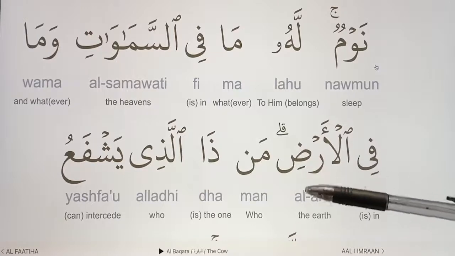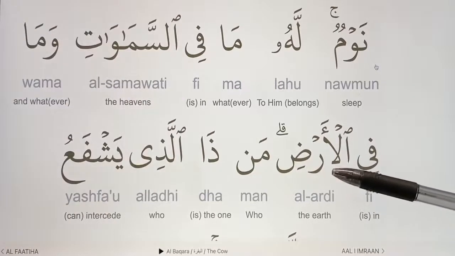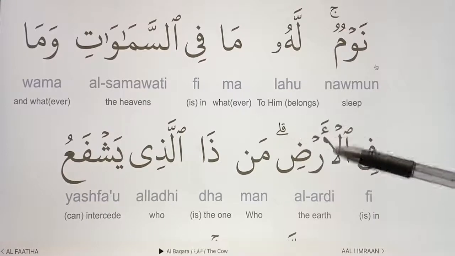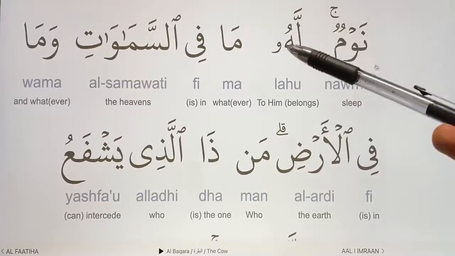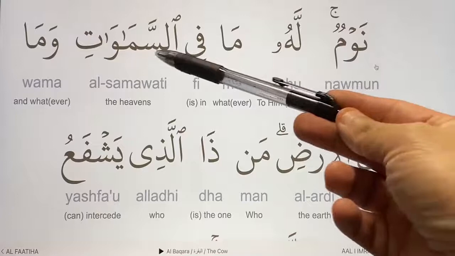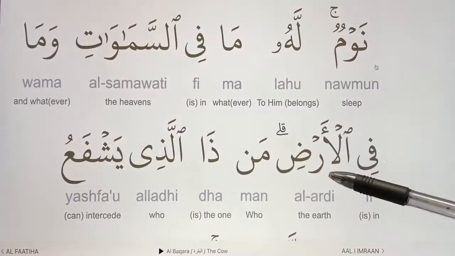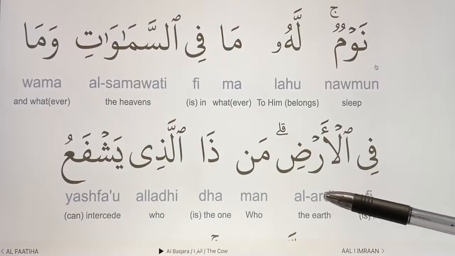So you'll stop there. That's the next part over, okay? So you got that? It's another good little tiny place you can pause. له ما في السماوات وما في الأرض. Okay, now next part.